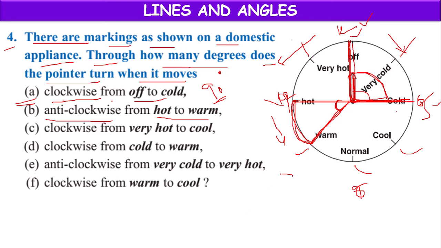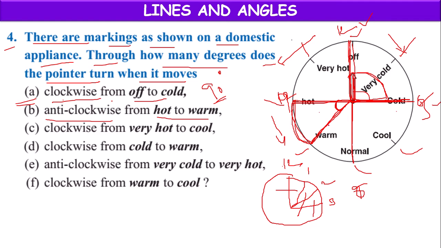Previously in the clock, between 12 and 3 we used to have 3 complete parts. But in this picture, we have only 2 parts between 12 and 3, or between hot and normal.